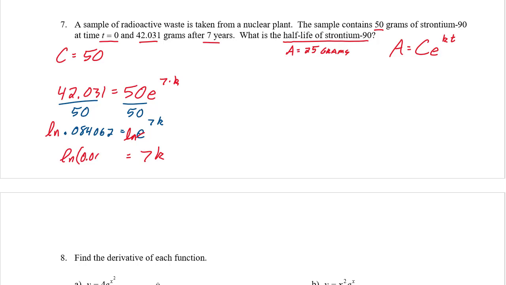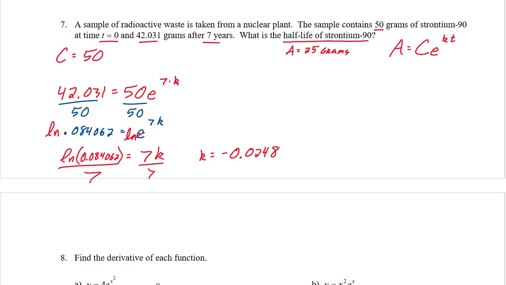I'm going to go ahead and just try and keep it as exact as possible, again as long as possible. Divide the 7 over and get that my k value is equivalent to, and this time I'll actually go ahead and round it, a negative 0.02480. So I think if I go with negative 0.0248, that should be good.